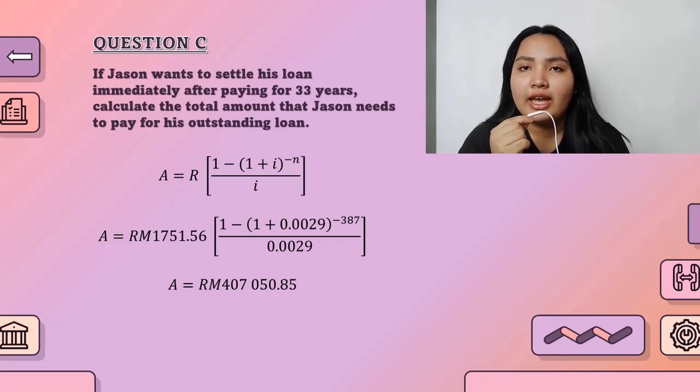For value N, 420 should minus 33 years, so value N will be negative 387. The answer will be 407,050 ringgit and 85 cents.